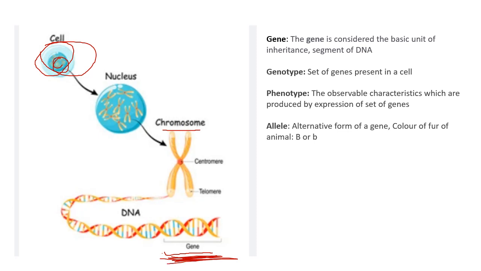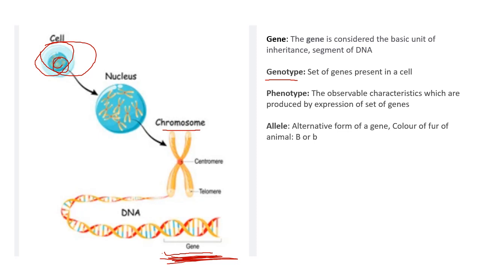So you can see here this is a small segment of DNA, and if this is going to make some special character in any individual, then you can say it is a gene. The next term is genotype. Genotype means the combination of genes in any cell. You can also say it is the set of genes present in a cell, whatever gene combination is present in a cell.